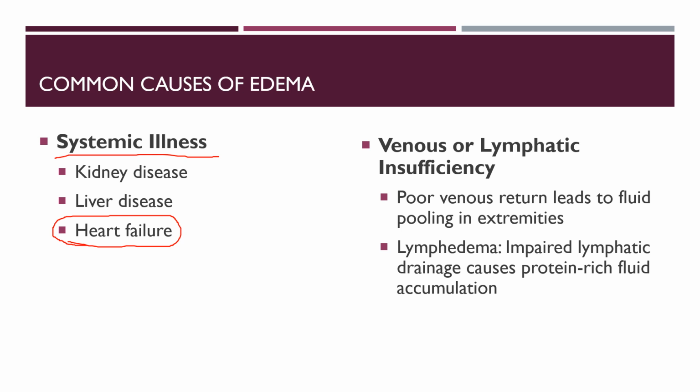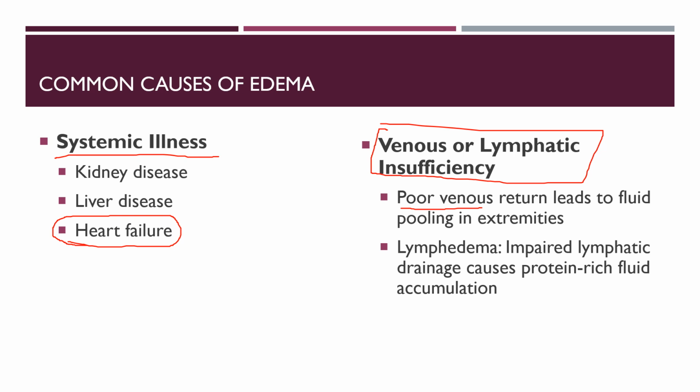Another really common cause is venous or lymphatic insufficiency. So whenever we have venous or lymphatic insufficiency, this just means that we have poor venous return, and that leads to fluid pooling in the extremities. And when that fluid pools in the extremities, we get a lot of pressure.